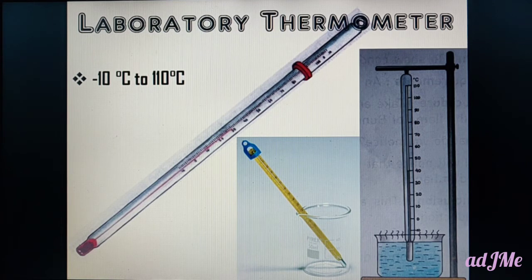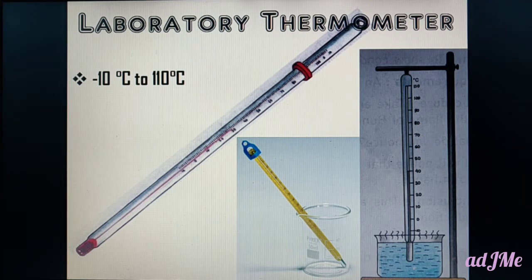If you have a laboratory thermometer, or maybe in future if you come to school, we can do this activity, that is to measure the temperature of tap water, or you can boil water and that can also be measured. For this you have to fix a thermometer in a stand and insert the thermometer into a container containing water.